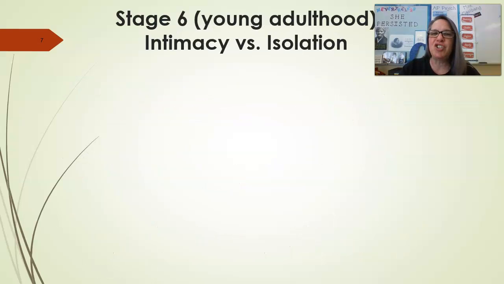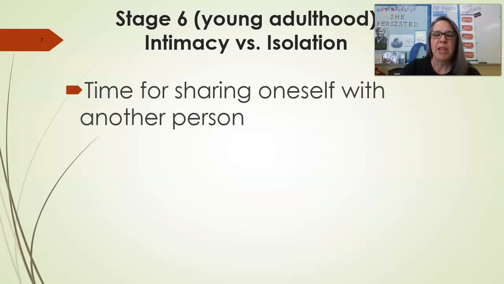All right, stage 6, young adulthood. This is mostly in your 20s, maybe into early 30s. So the name of the stage is intimacy versus isolation. So this stage is all about relationships, okay? And these are long-term relationships. So you are finding your mate, your significant other.